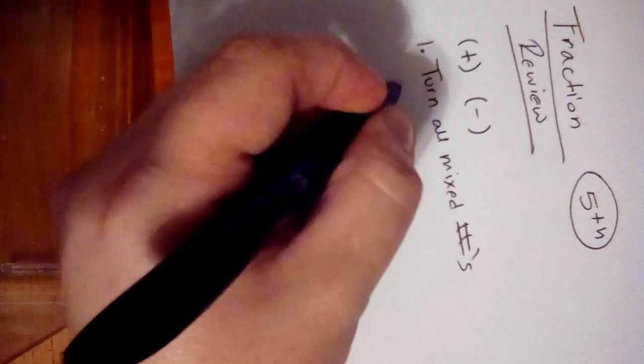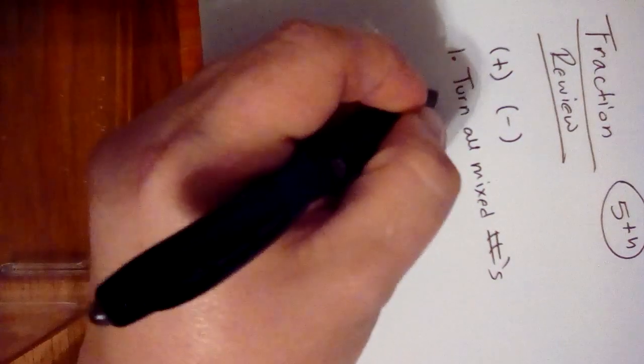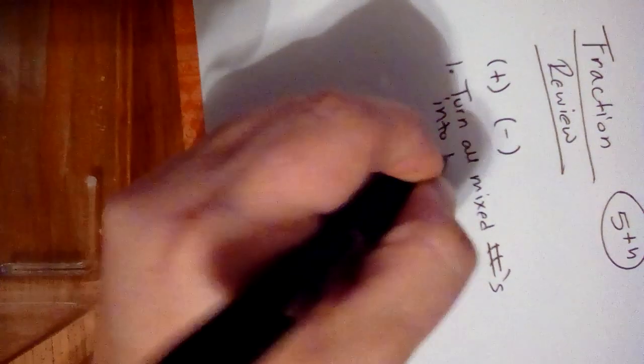The first one is to turn all mixed numbers into improper fractions.